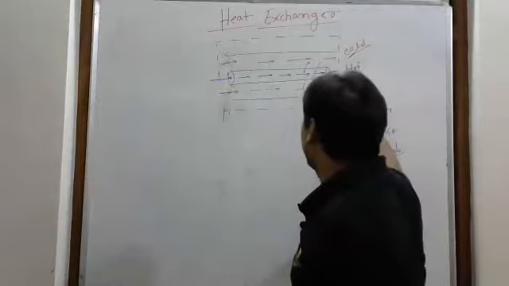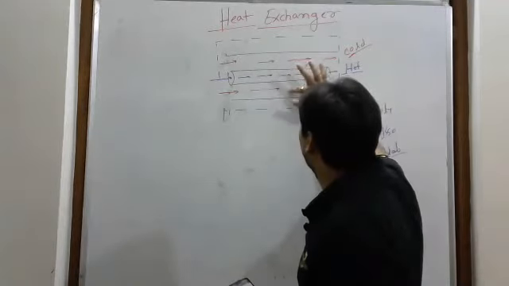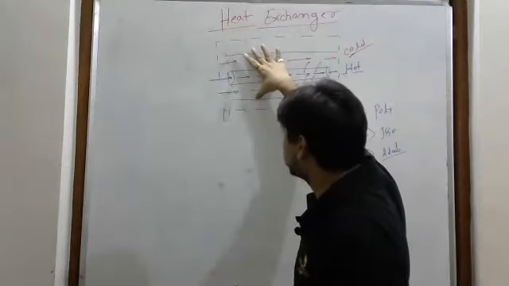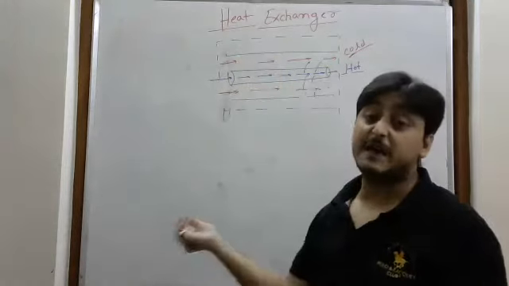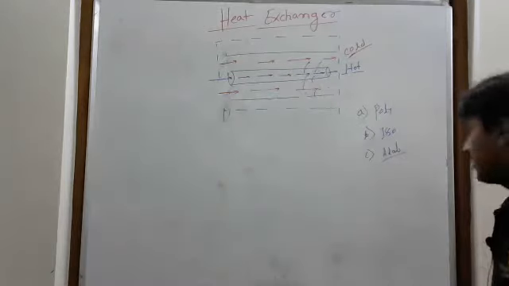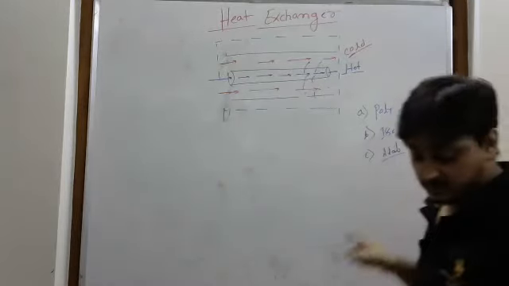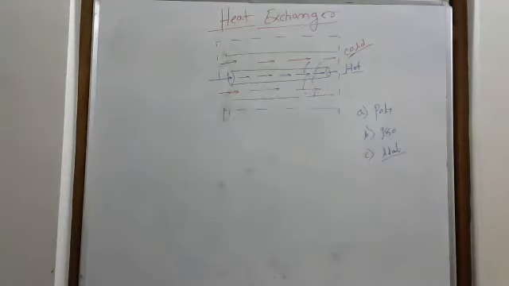Hot fluid is passing from here, cold fluid is passing from here, heat is transferring from here to there, and this whole thing is our system. Which type of process is happening within this system? Is it polytropic, isothermal, or adiabatic? Can anyone reply? I am not getting any answer.